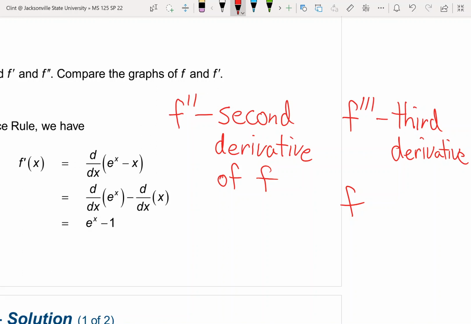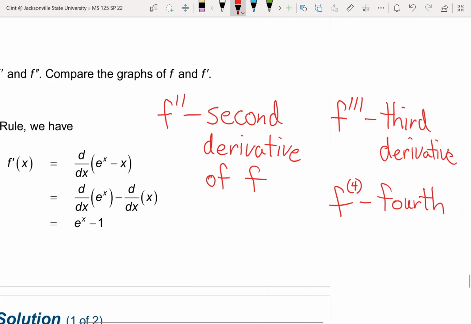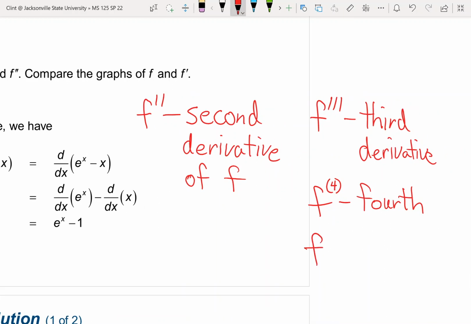Usually after 3, the way you notate that with the prime notation is you would have parentheses with the 4 and get the fourth derivative. There's no limit to how many times you can take the derivative, because every time you take the derivative of a function, you get another function, so just take the derivative of that function. And in theory, it goes on and on forever. You could never get to the bottom of that rabbit hole. And the general notation, we can talk about the nth derivative.